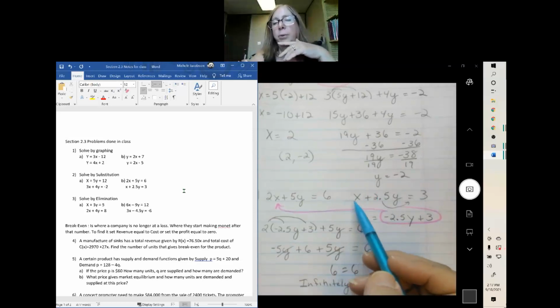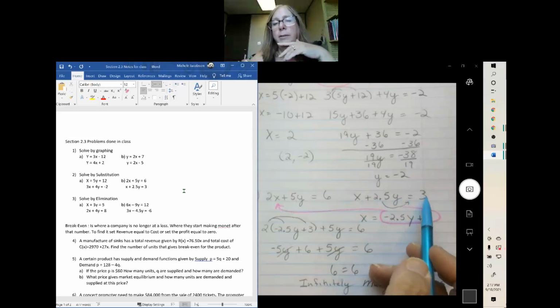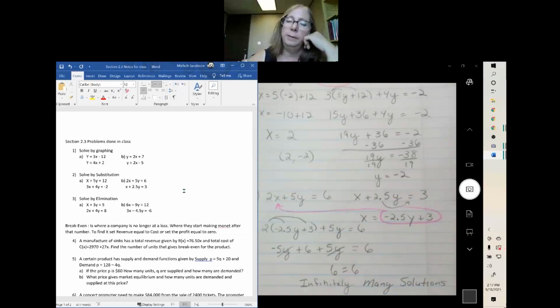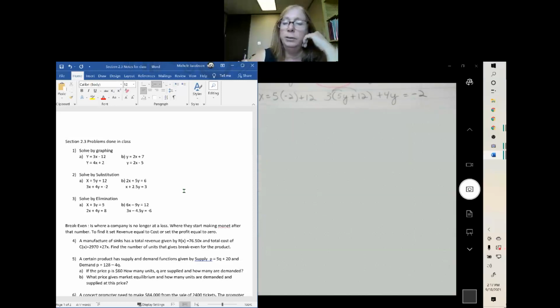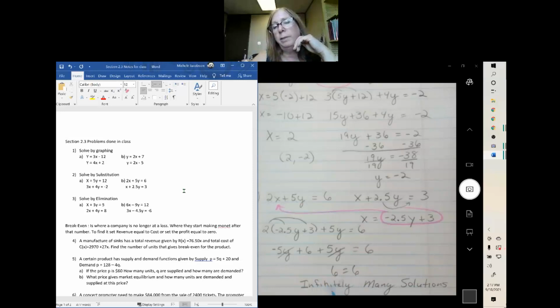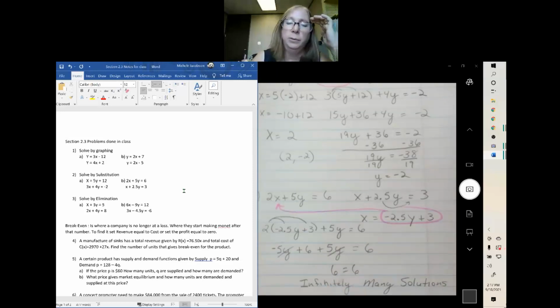Notice if you multiply this by 2, you get this. They're the same line. If this was not equal, if we had 4 equals 6, then there'd be no solution. So if it's a true statement, there's infinitely many. And one of the other ones we're going to do, there'll be no solution. Any questions on that?